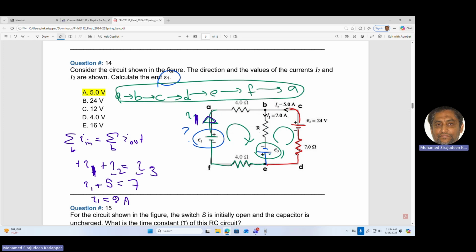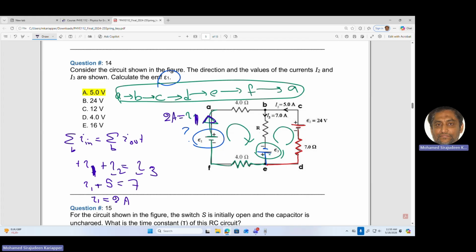There's 7 amperes here, this I3 is 7 amperes. I2 is coming in. How does this become 7? Somebody has to give another 2. That means I1 is equal to 2 amperes coming in. So we know what I1 is: 2 amperes.